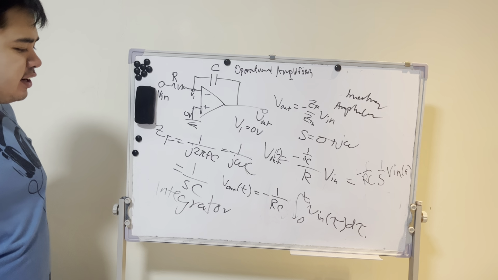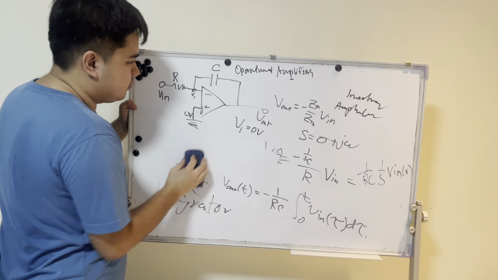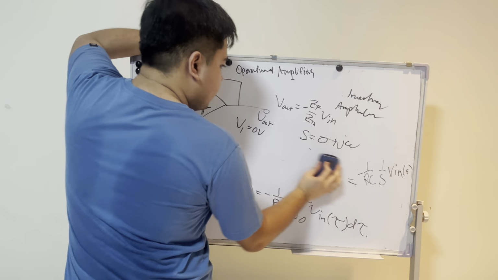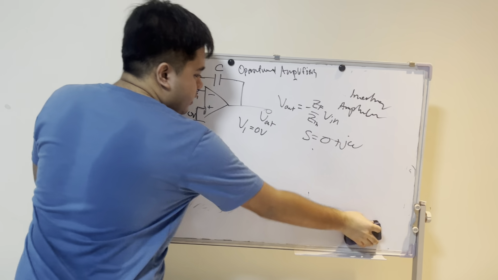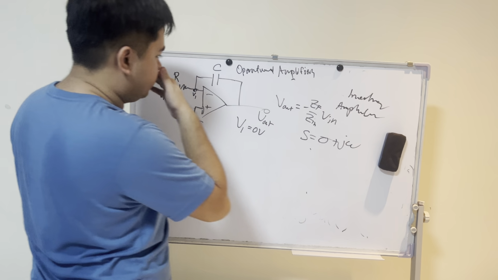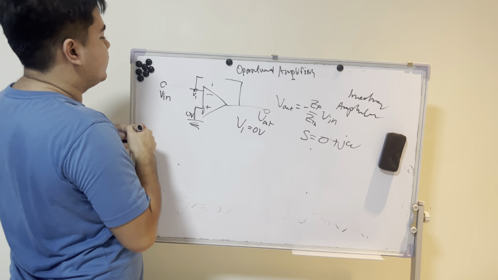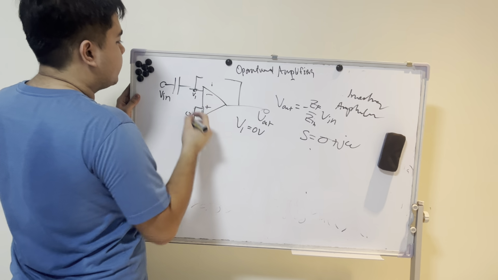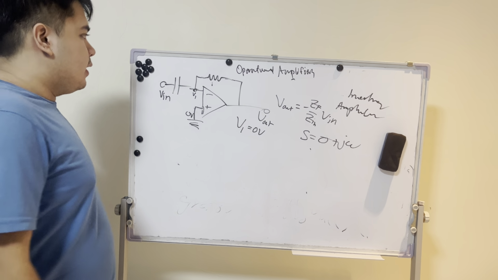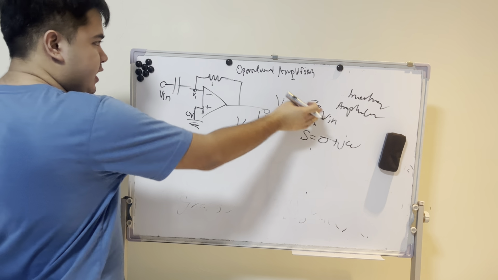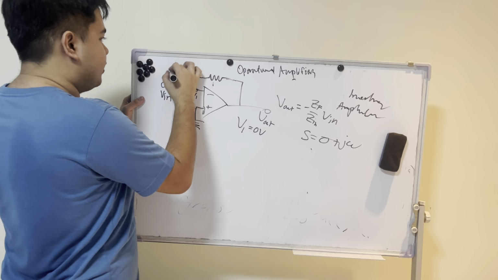So if we can do an integrator, can we do a differentiator? We can. Can we do a differentiator, and how? Let's just swap this. Now, ZF is R. Z in is, again, 1 over SC.